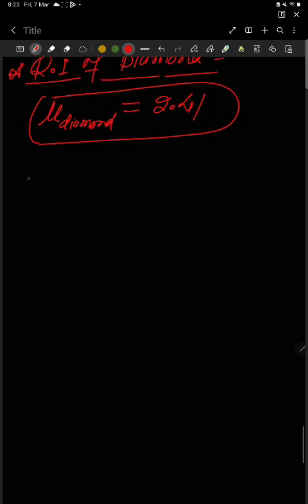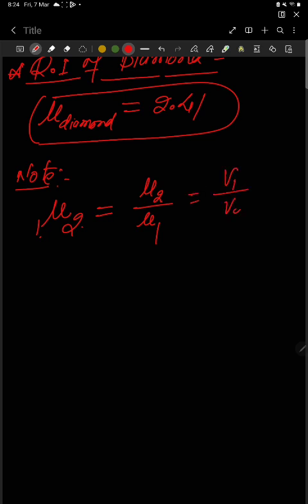Okay, now one more thing you have to note: I have discussed that mu 1 2 can be read as what? Refractive index of medium 2 with respect to 1. So it can be written like this also, mu 2 by mu 1. In term of velocity, how will we write? v1 by v2.